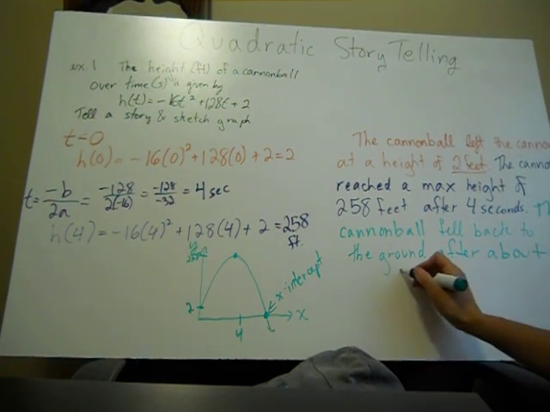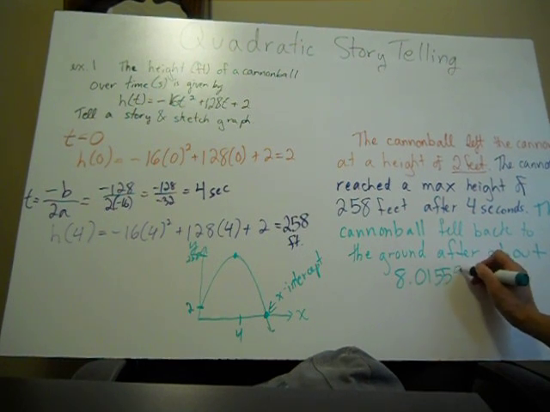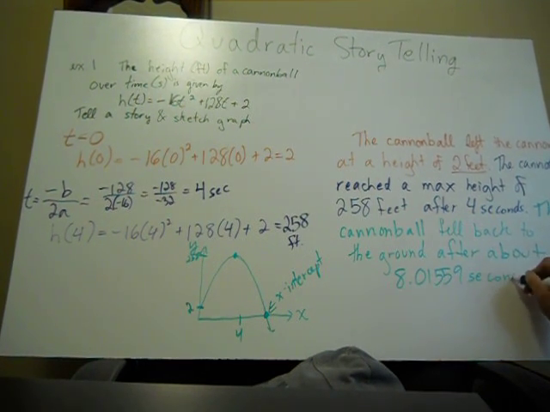And I don't want you to round too much. So let's say it's 8.01559 seconds. I'm not that picky, but I'm worried that later on somebody else might be. Okay. Alright, that is your first story. We will do one more before we finish the set of notes.